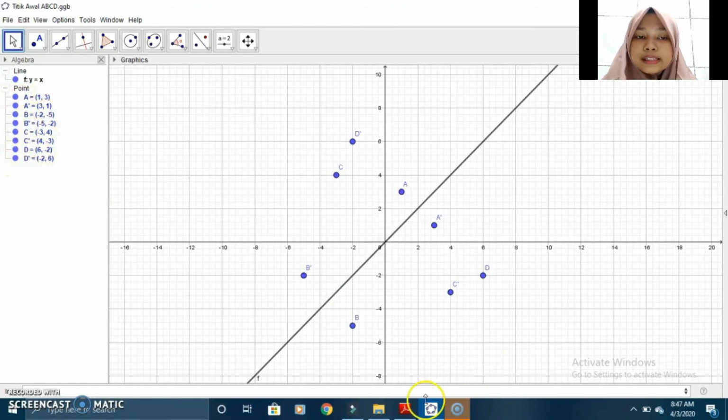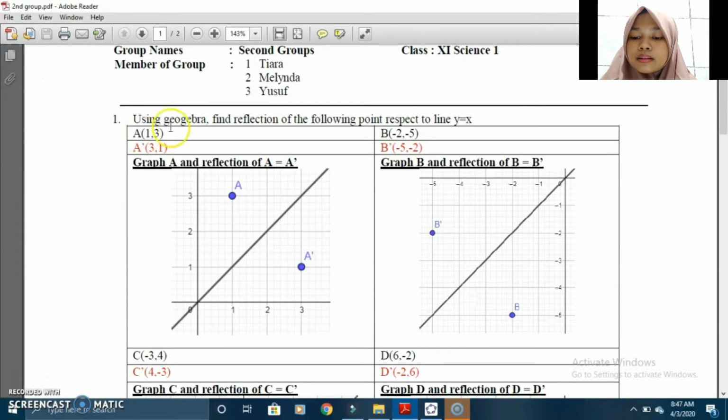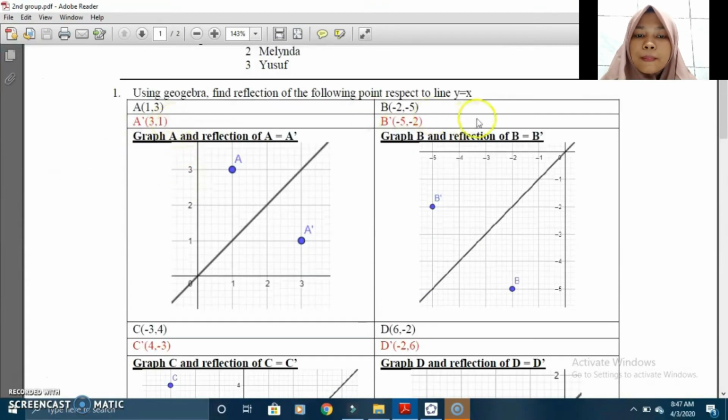These reflections are equal to my group's results written in red font.